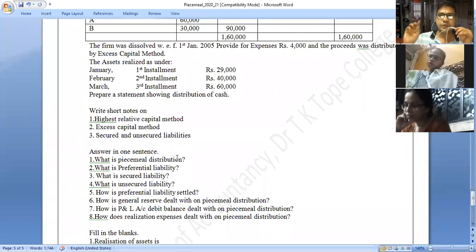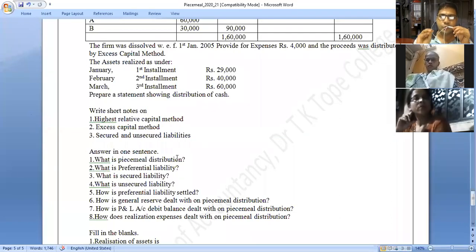We just want one-sentence answers. We have studied all these things already. Now you have to find the answers. In our notes, the answers to all 8 questions are there. No need to see any textbook or outside notes.